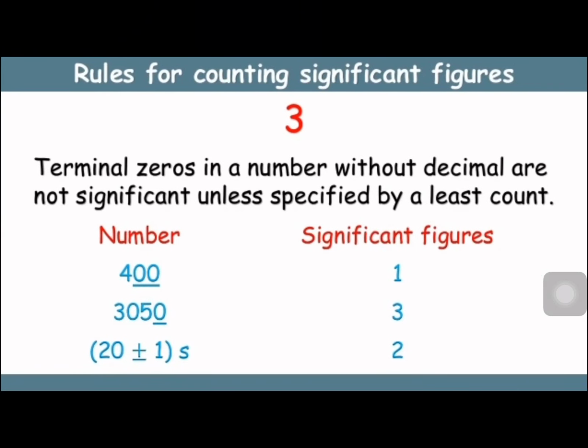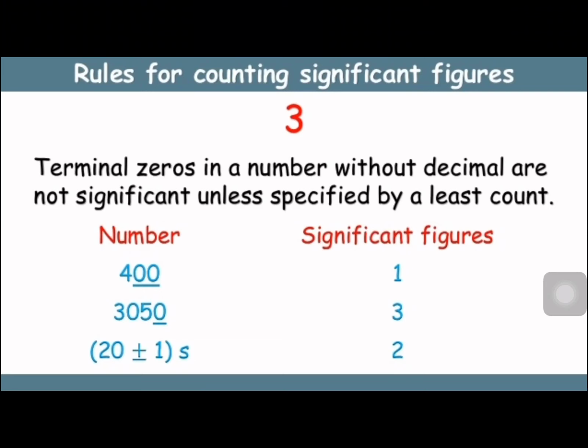Rule 3: the terminal zeros in a number without a decimal are not significant unless specified by the least count. For example, 400, where the last two zeros are not countable, so the significant figure is 1.